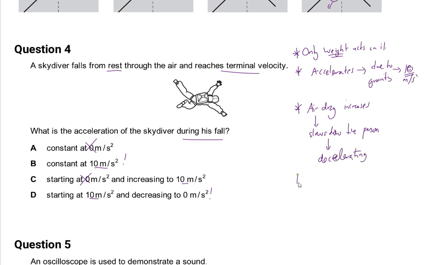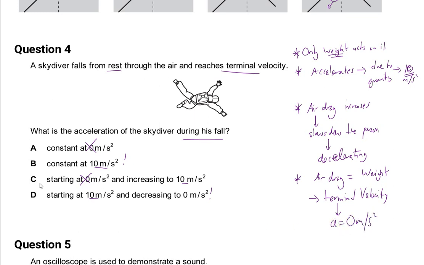Eventually the air drag equals the weight, and this leads to terminal velocity. Terminal velocity means the velocity is not changing, it's the same, so therefore acceleration is 0.